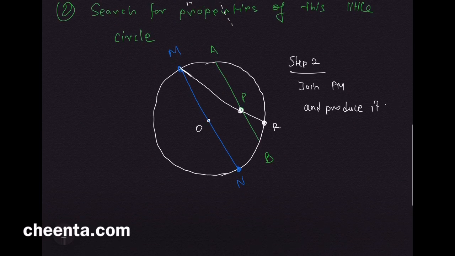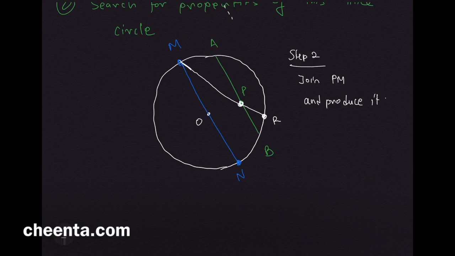See, what we have to do is find the center of the smaller circle. If we can find the center of the smaller circle and we know that it's passing through this point P, then we are done. Okay, step 3, the final step. Step 3 is to join OR.